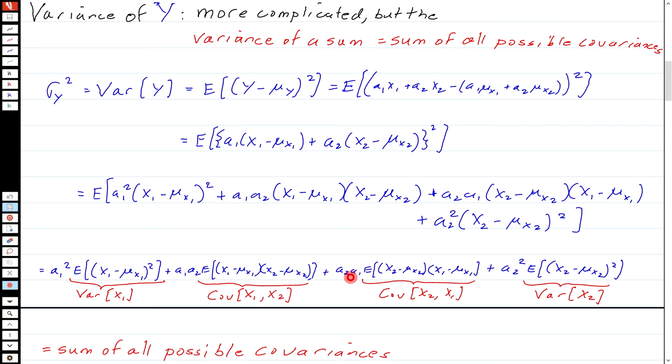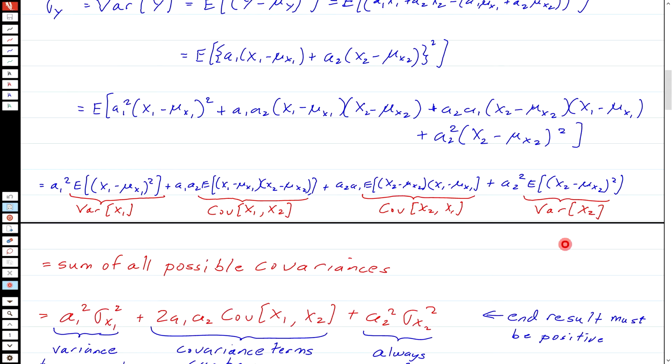The third term is a1 a2 times the expected value of x2 minus mu x2 times x1 minus mu x1, and this is just the covariance between x2 and x1. We know that these two covariances are the same. The covariance between x1 and x2 is of course the same as the covariance between x2 and x1. And the last term is just a2 squared times the expected value of x2 minus mu x2 quantity squared, and this thing is just the variance of x2.